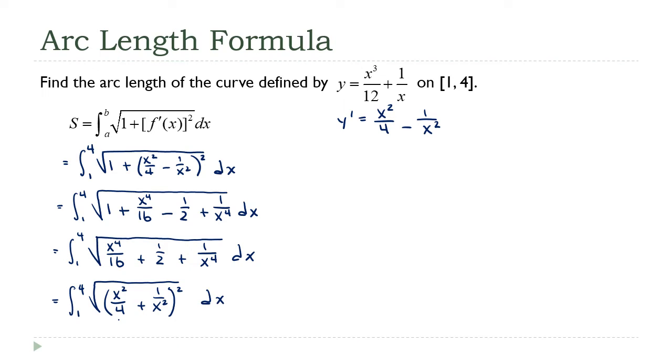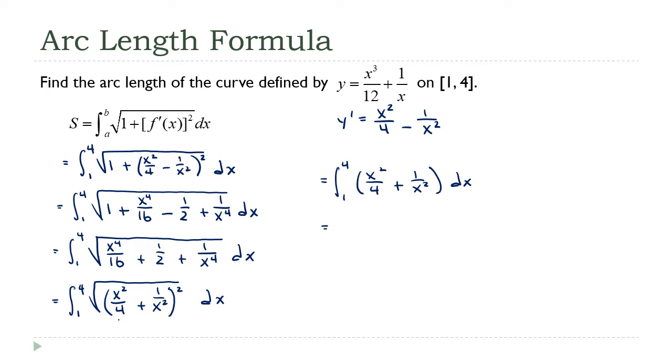Try multiplying that out, and you'll see that it does come to that expression under the previous square root. So now, the square root and the square, they go away. And this becomes the integral from 1 to 4 of x squared over 4 plus 1 over x squared dx. And we can do this integral.